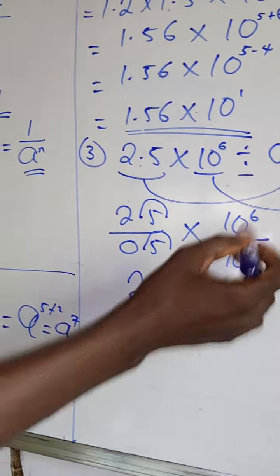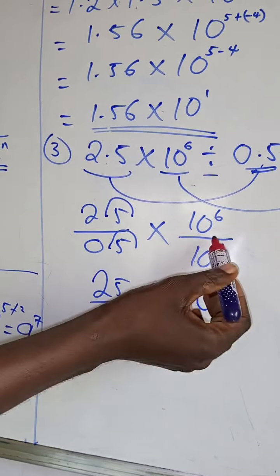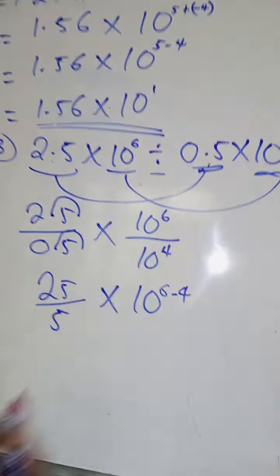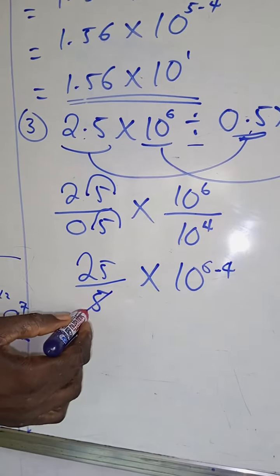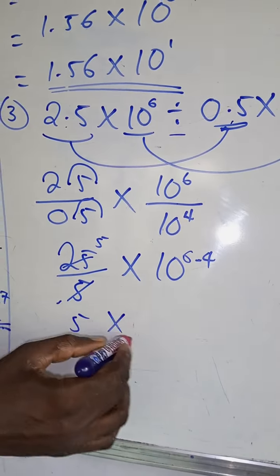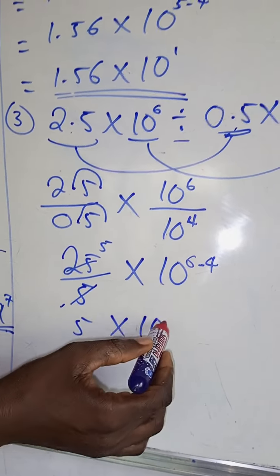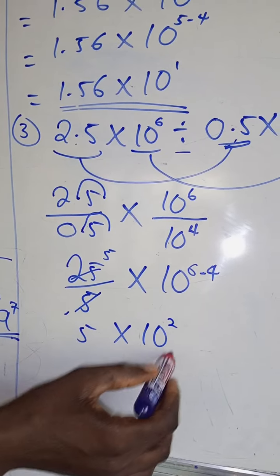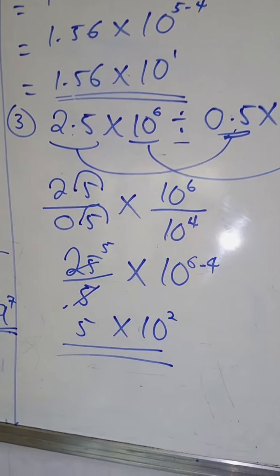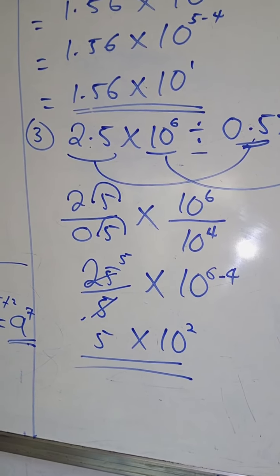Of course, this division, like the second law, will be 6 minus 4. So 25 divided by 5 is 5, multiplied by 10 raised to power 2. Of course it's in standard form, so we don't need to bother ourselves.